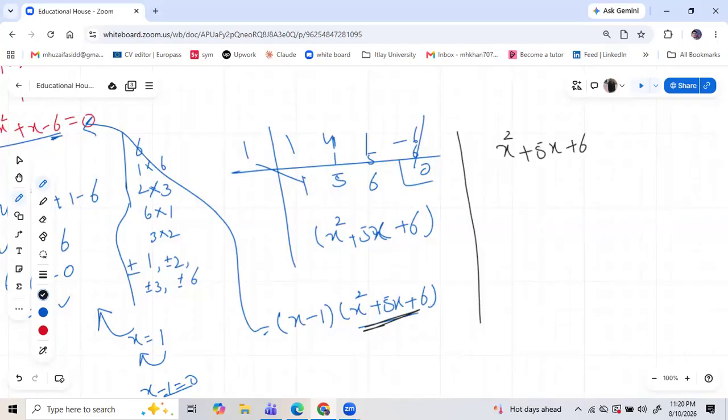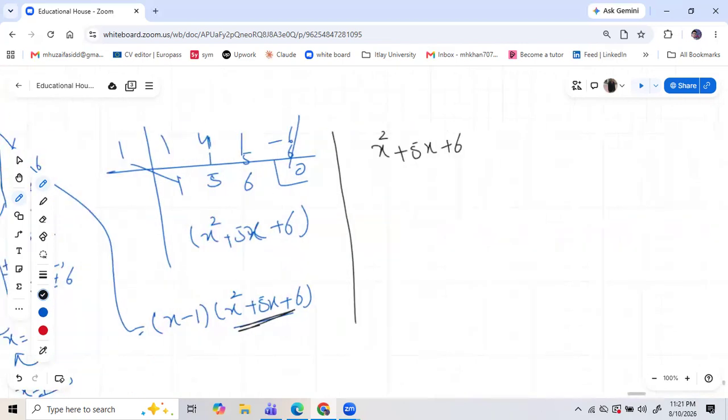So first of all, check it here. We make the factors. We need 6 of x square, and if we add, this is the 5 of x. On the basis of this, we are checking 3 multiplied by 2, and if we add, this is 5x.